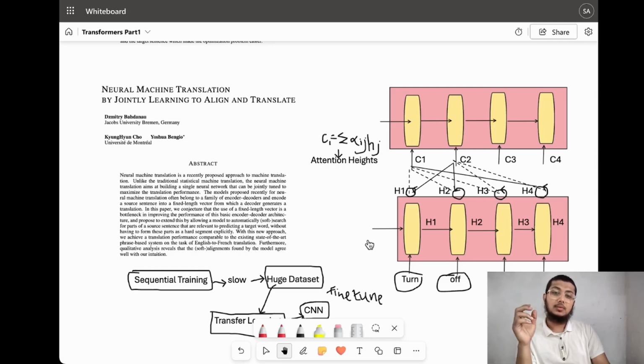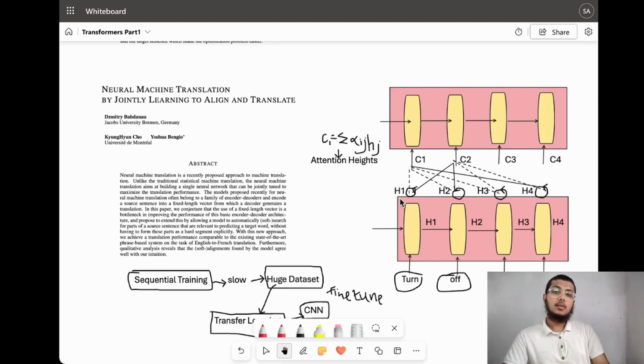Let me show you. And here we got the solution. In this paper, written by Bahdanau, the concept of attention was proposed for the first time to solve the above problem, which I have mentioned earlier.